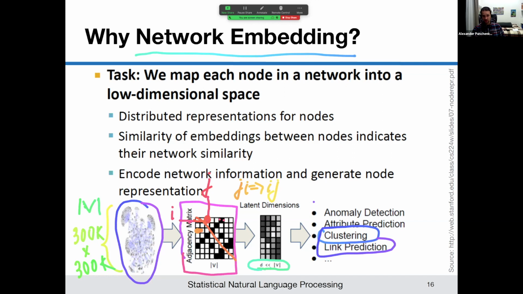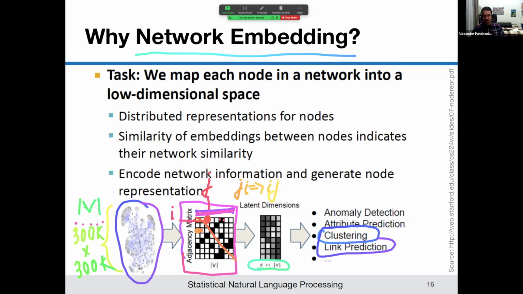Because the majority of algorithms for machine learning and data analysis expect a matrix with a set of features, right? And if you provide this insane number of sparse features, the majority of them won't give you good results, won't generalize, won't be able to learn, let's say, weights for each of these 300,000 features and so on and so forth.